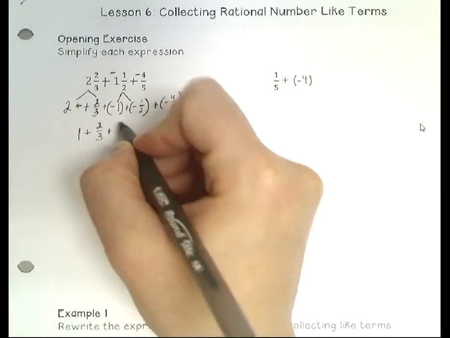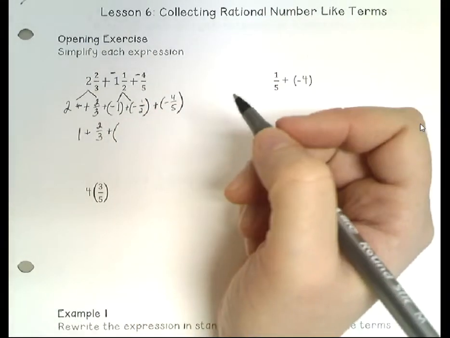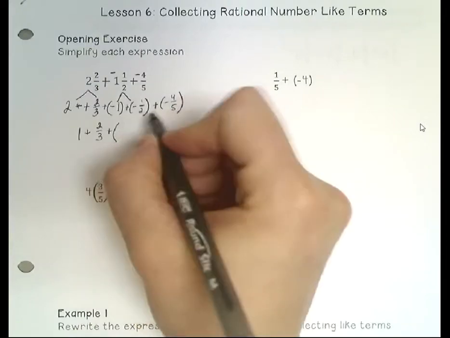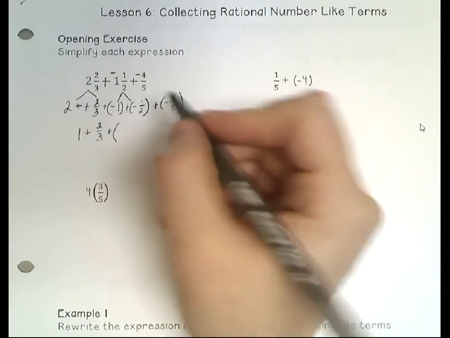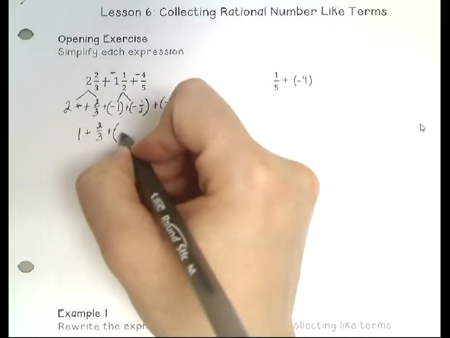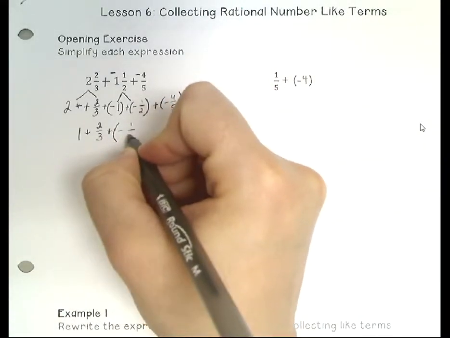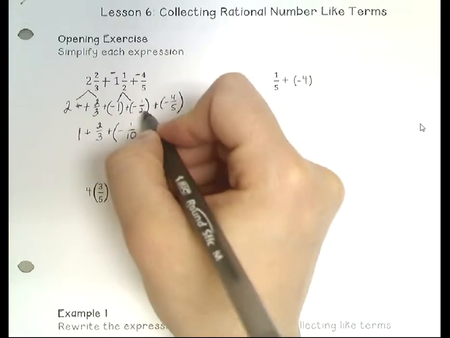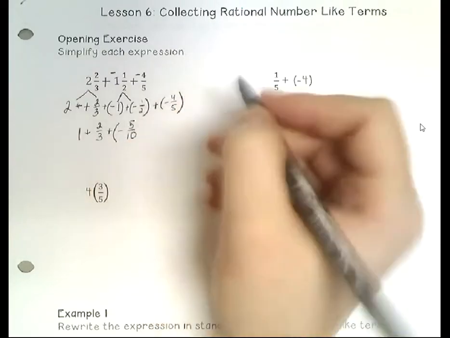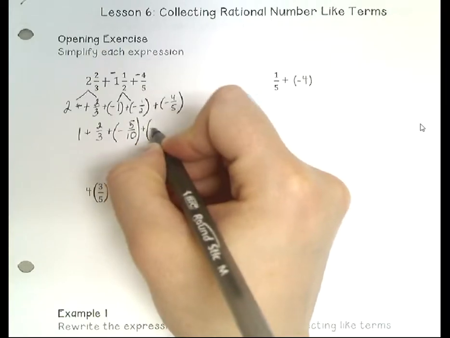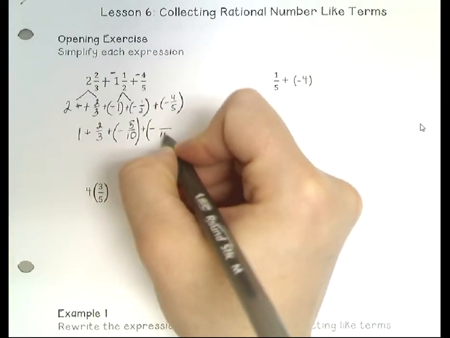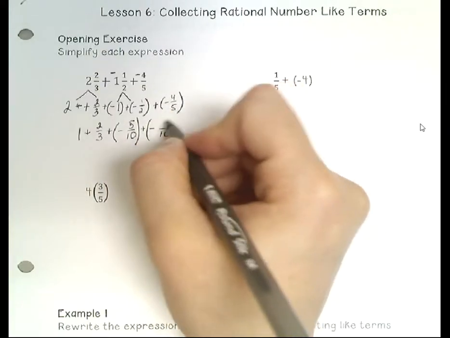We are going to have a negative answer because we are combining negative numbers. Our common denominator is 10 here. So if I want to change negative 1/2 into tenths, I will get 5 tenths. And I'm going to combine 4/5, changing it into tenths, and I will get 8 tenths.